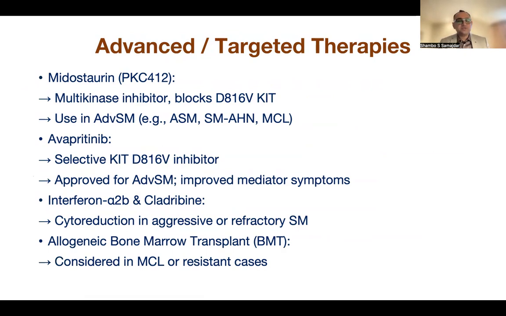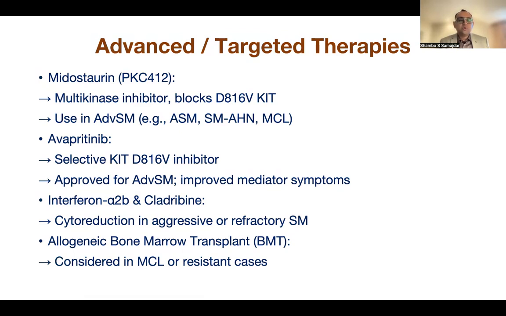Another KIT D816V inhibitor is avapritinib. It is also approved for advanced systemic mastocytosis and improves mediator symptoms. Interferon alpha 2b and cladribine are helpful in cytoreduction, especially in aggressive and refractory systemic mastocytosis.